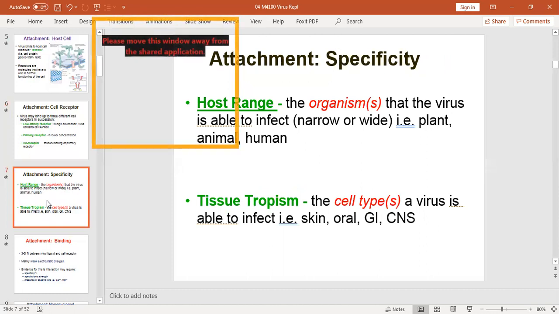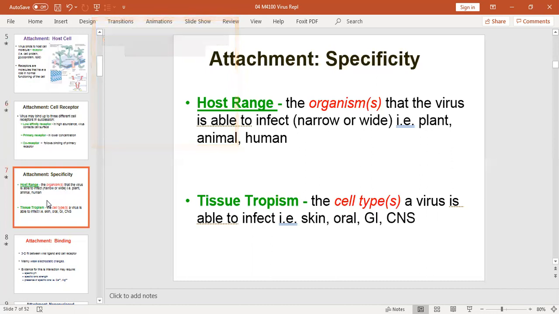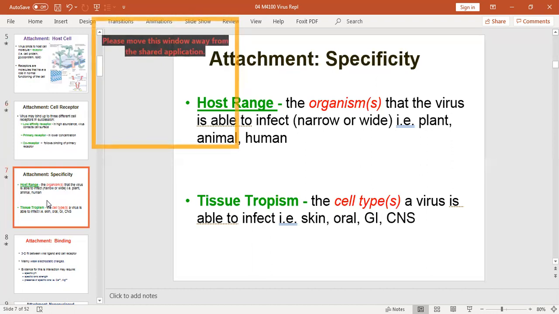Host range is basically the organism or organisms that the virus is able to infect. It can be a plant, it can be an animal, or it can be a human. And viruses have either a narrow host range or a wide host range, meaning that they can infect a plethora of hosts.